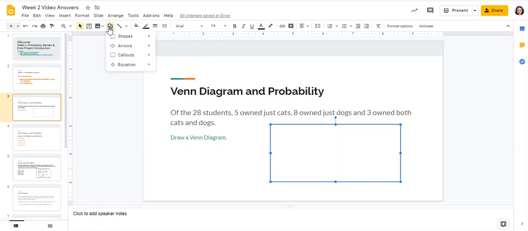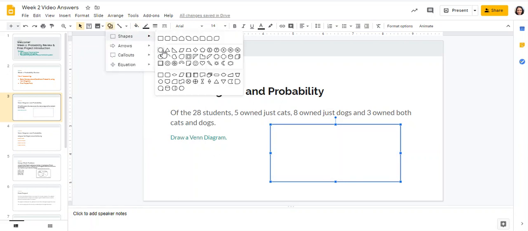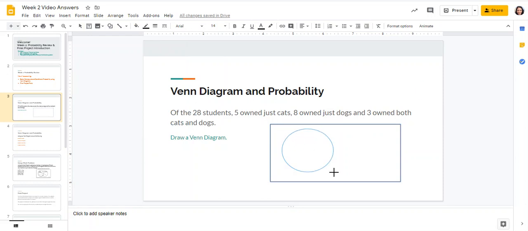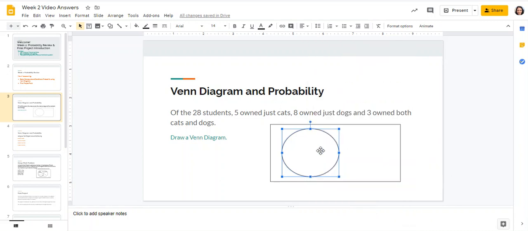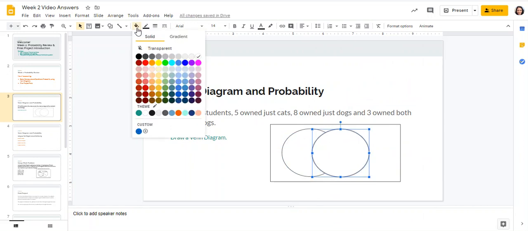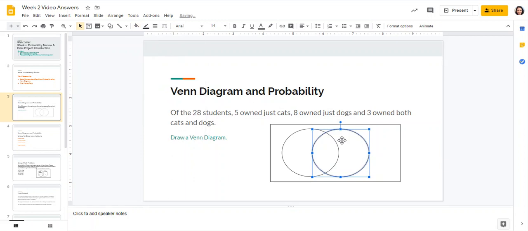And then I'm going to put in a circle. And I'll copy that circle to make another one. Now for the second circle, you want to be able to see the overlap, so we're going to change the fill for that one to be transparent. So now you can see everything.